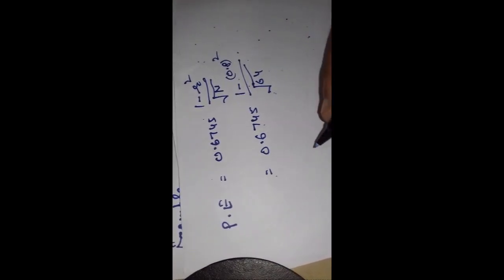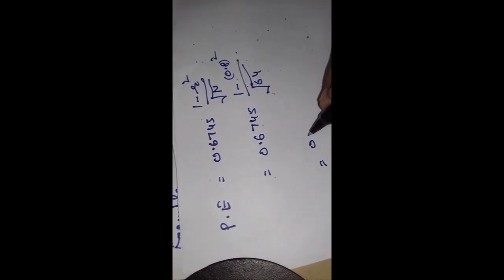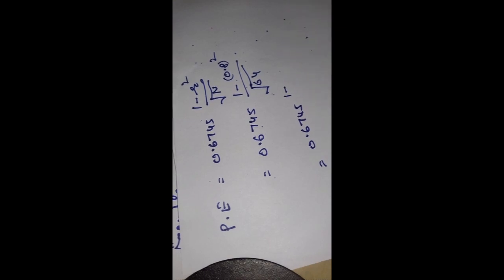Let's solve this. Using a calculator, 0.8 multiplied by 0.8 equals 0.64, and the square root of 64 is 8.